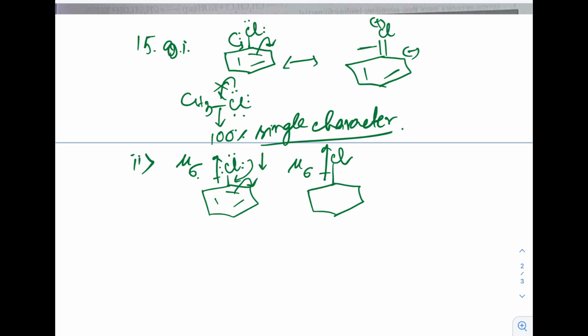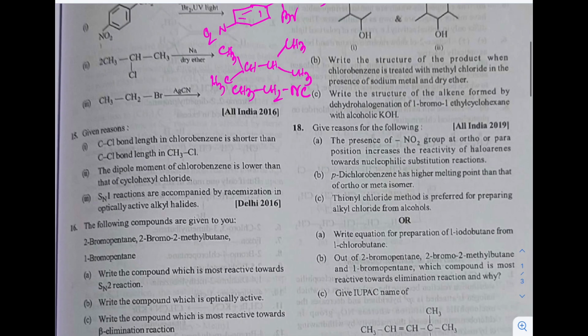So in this direction, a pi moment is operating as well. This is referred to as mu pi. So here only one C-Cl moment is operating, but there, two moments, one C-Cl moment in this direction, another in the opposite direction. So as a whole, the dipole moment value of chlorobenzene becomes lesser than that of cyclohexyl chloride.